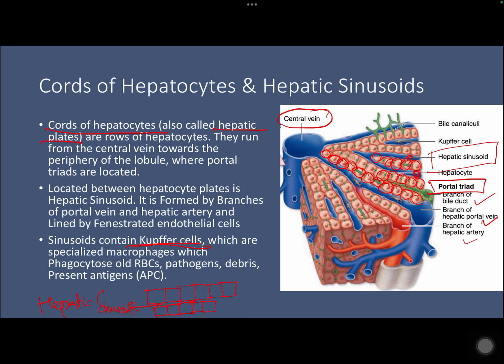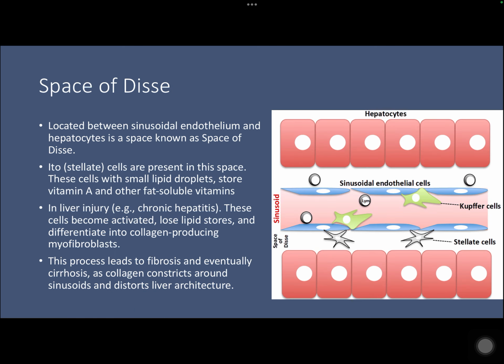What are Kupffer cells? They are specialized macrophages, and their main function is to phagocytose old RBCs, pathogens and cellular debris, and they also function as antigen presenting cells. Antigen presenting cells play an important role in immune defense, in launching an immune response against a foreign pathogen.